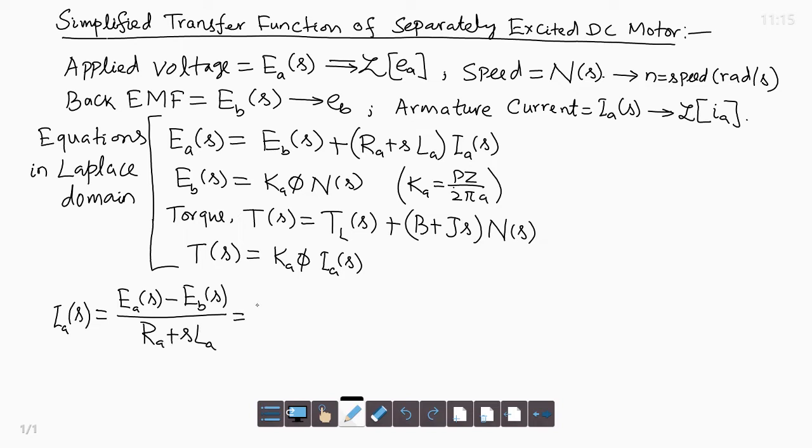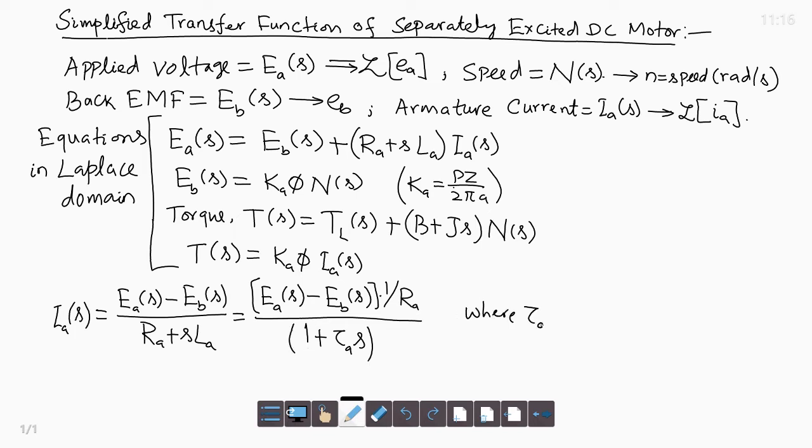So you can write it as applied voltage EA(s) minus back EMF EB(s), into 1 by RA divided by 1 plus tau A s, where tau A is LA by RA, the electrical time constant of the armature circuit.